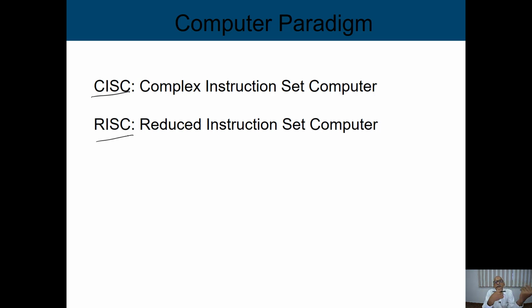Then the designers or developers try to incorporate some more instructions. Like that, during the development process we keep putting in more and more instructions so that people can easily use the computer. We come to a paradigm known as the complex instruction set computer, and the computer system becomes more and more complex.